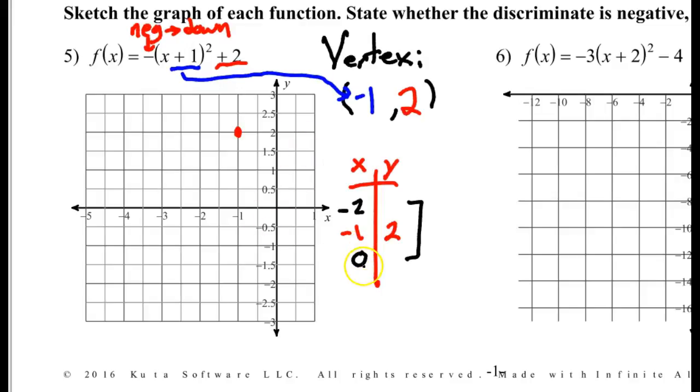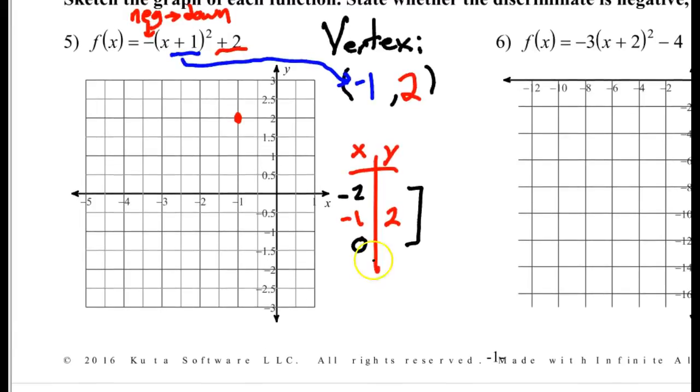So let's plug in 0 and see what the answer is so we can graph this a little more. So plug in 0, f of 0, which just means plugging in 0. You got -0 plus 1 squared, and then plus 2. So you got -1 plus 2, which equals 1.